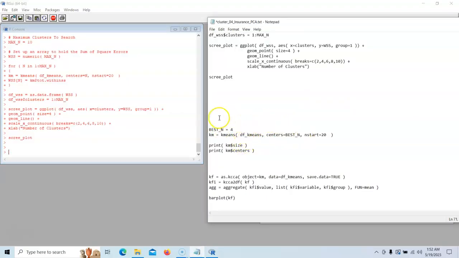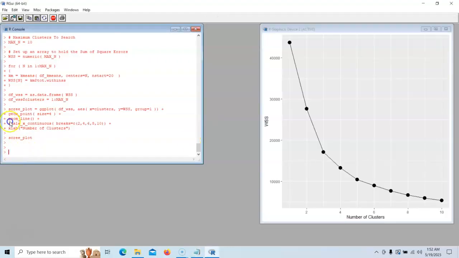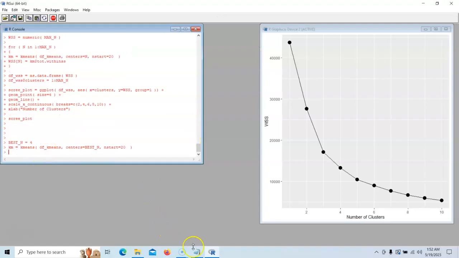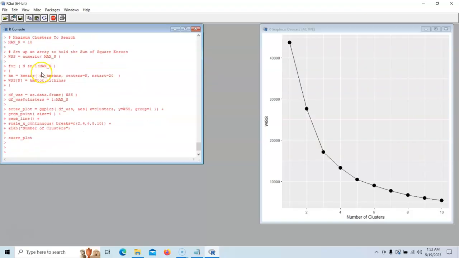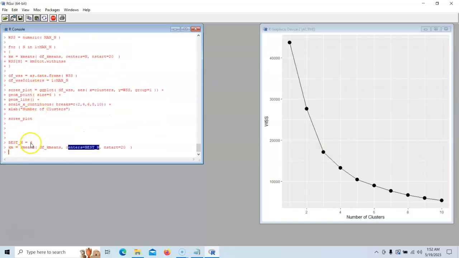So now let's go over here and cluster this. And we set it to 4. So we say, let's cluster this k-means 4. Remember, because best is right here, 4.